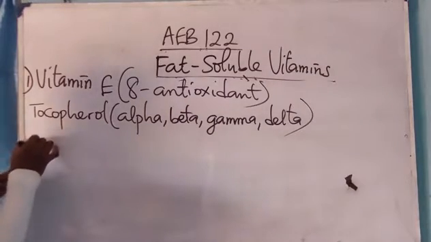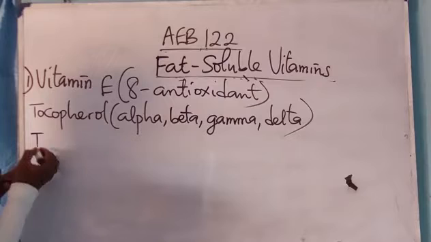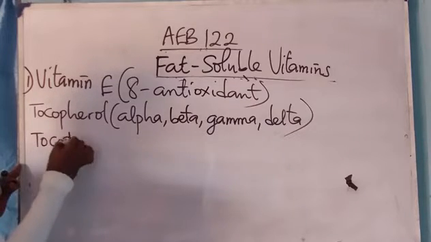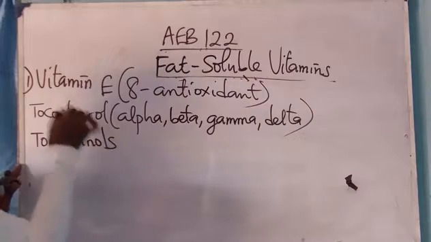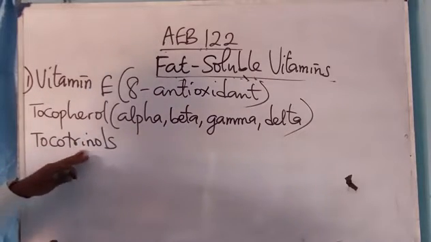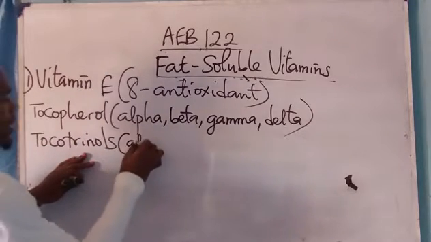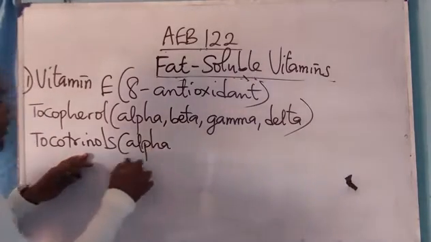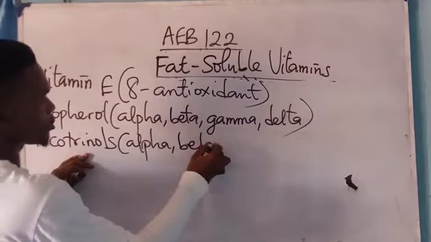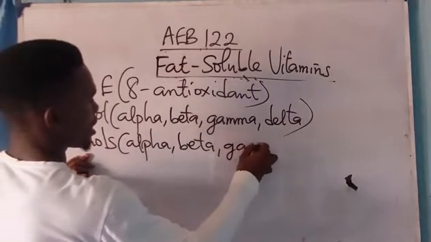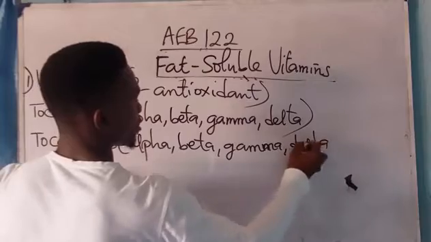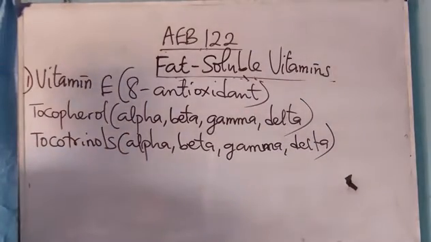You now have tocotrienols. We have the alpha tocotrienols, the beta tocotrienols, gamma tocotrienols, and what? Delta tocotrienols.